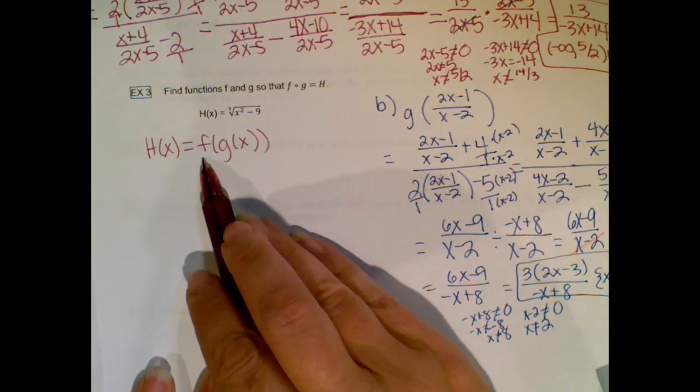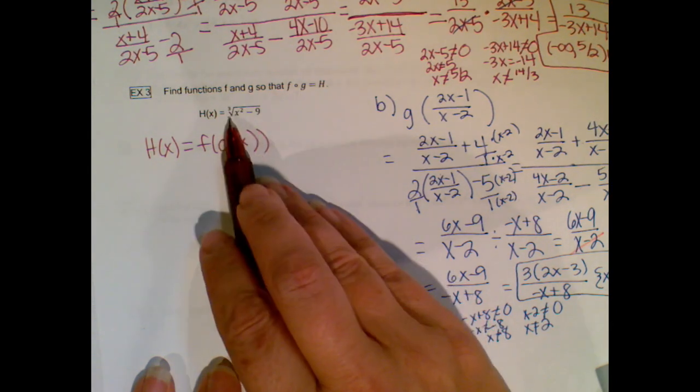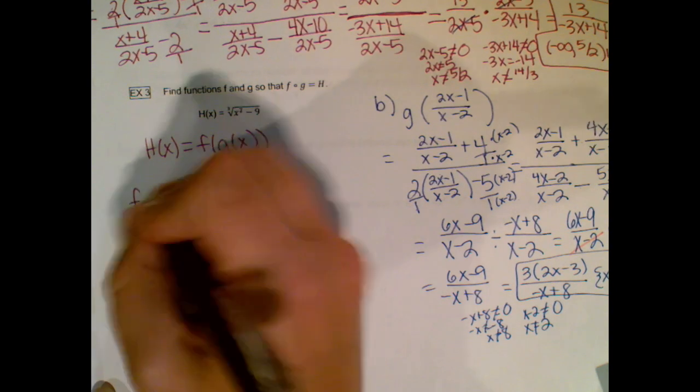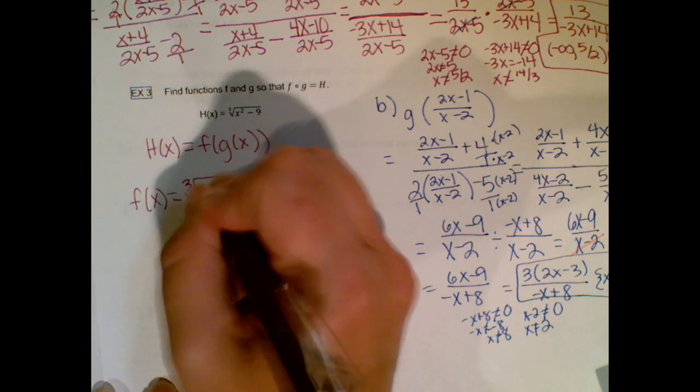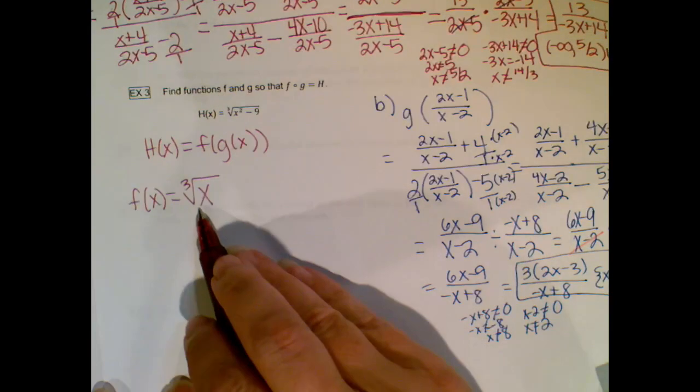So in this case, f is the outside function, and on the outside of this function, I have a cube root. So because of that, I'm going to say that f of x is the cube root of x. That's the outside. I've got a cube root of something.